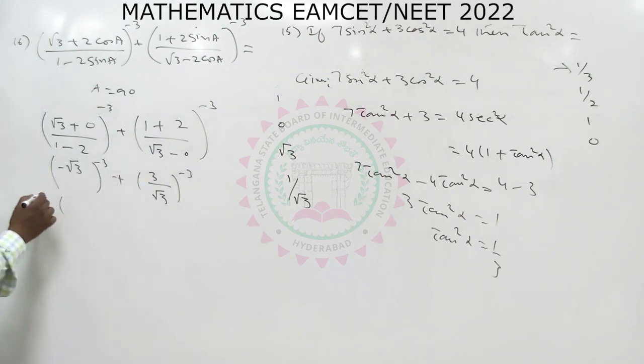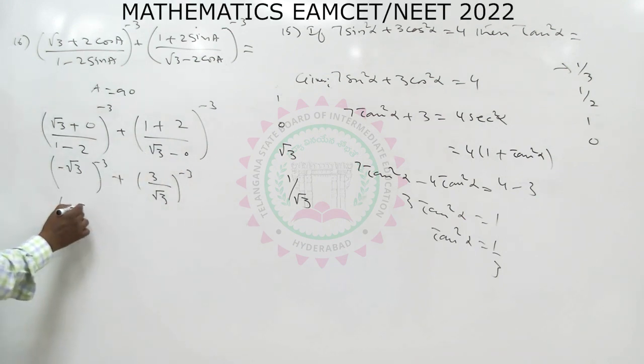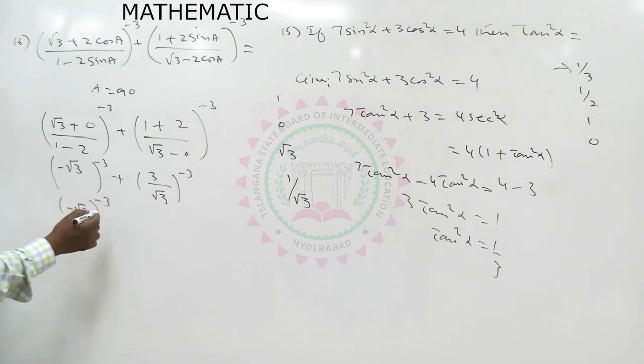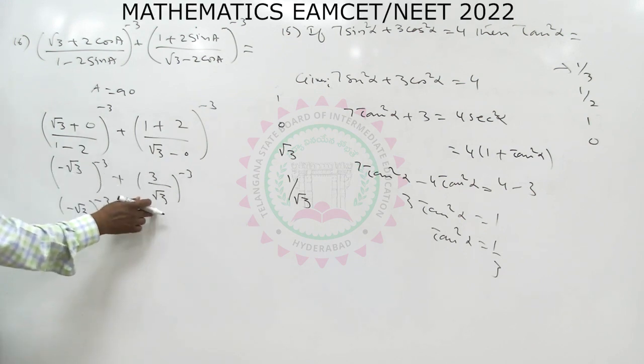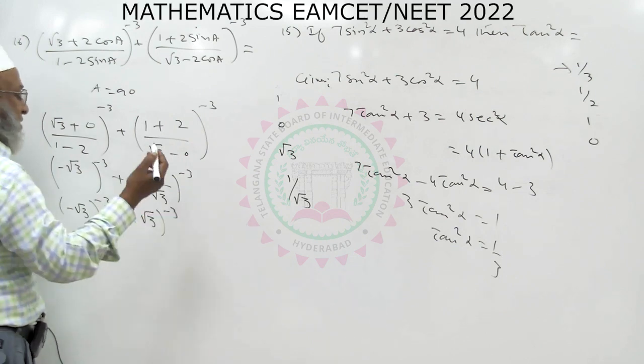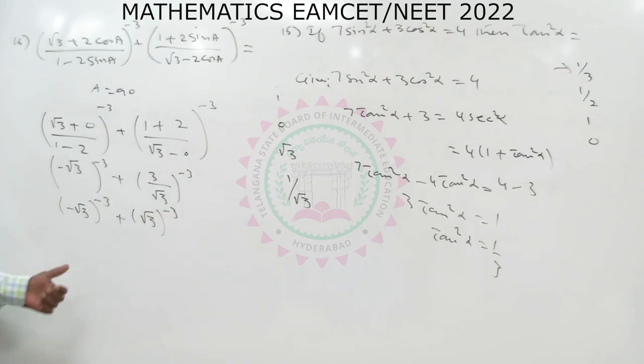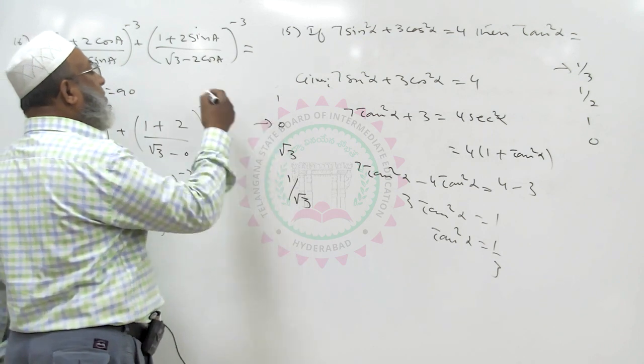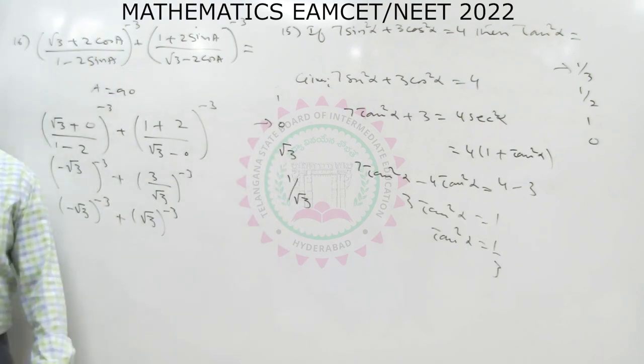So this is nothing but minus root 3 whole power of minus 3 plus 3 by root 3, which is root 3, whole power of minus 3. You may see that one term is positive and another term is negative, therefore both will cancel each other. Therefore, my answer is 0.